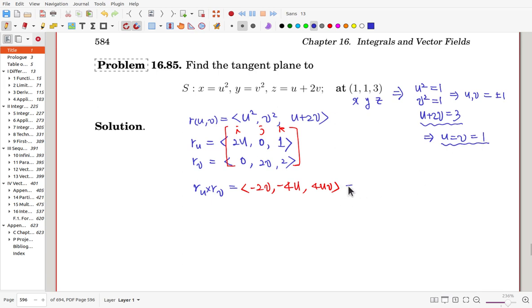Along with this information, the normal vector is now minus 2, minus 4, and 4, and we use that information here.